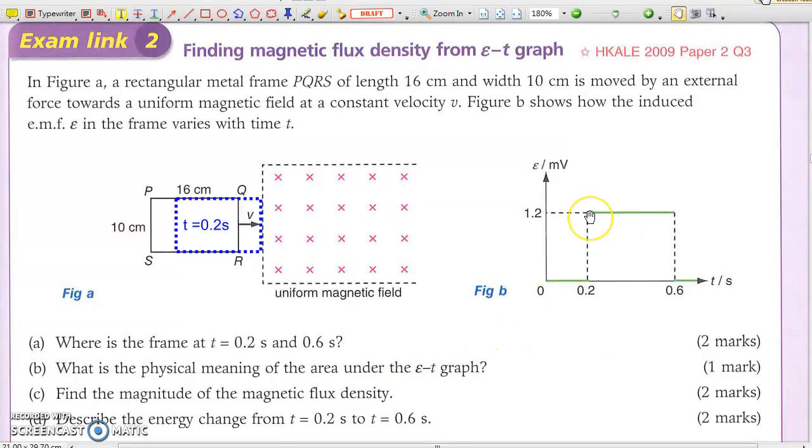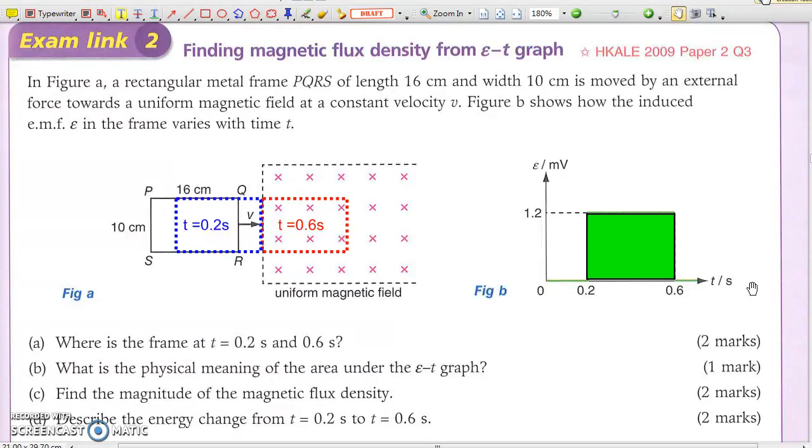And that's why the induced EMF is constant in the following 0.4 seconds. On the other hand, the induced EMF drops to 0 at 0.6 seconds. Since that time, there's no change in magnetic flux, and hence no induced EMF. The coil must be totally inside the magnetic field at 0.6 seconds onwards.